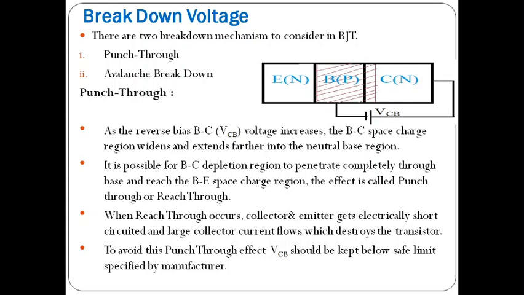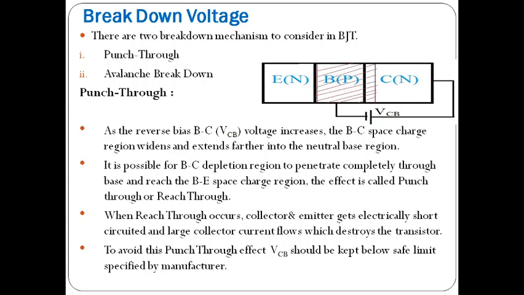In this, as the reverse bias voltage VCB increases, the base to collector space charge depletion region widens and extends into the neutral base region. It is possible for the base to collector depletion region to penetrate completely through the base and reach the base to emitter region. This effect is called punch through or reach through.